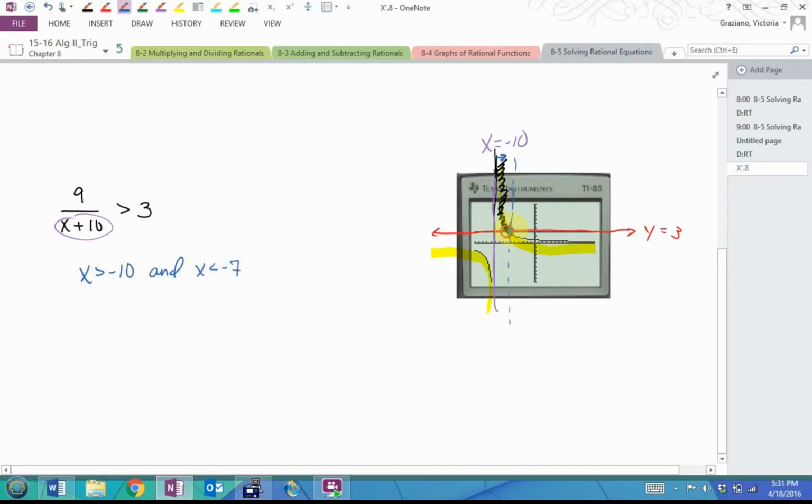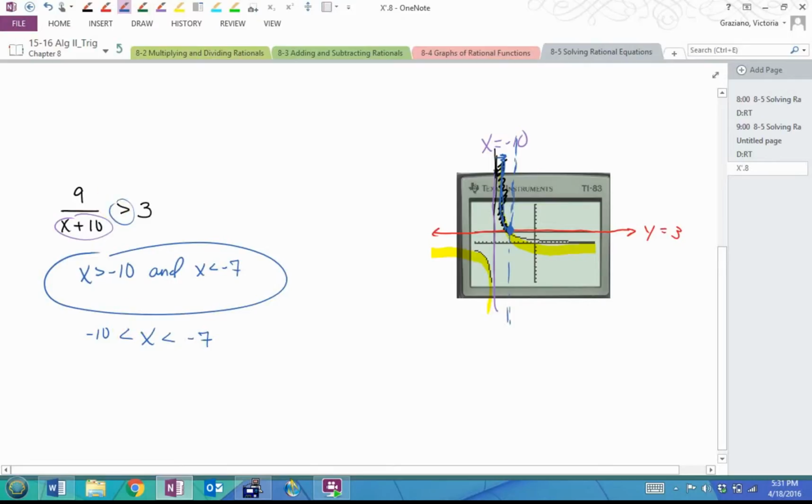So I'm talking about right in between here and our vertical asymptote. This is the only place where we have this greater than, and so here's our answer. Which again, if you want to write an inequality this way, you can as well. So x has to be less than -7 and greater than -10. And notice I did less than -7 because this one is just less than. In the previous one it was an or equal to.